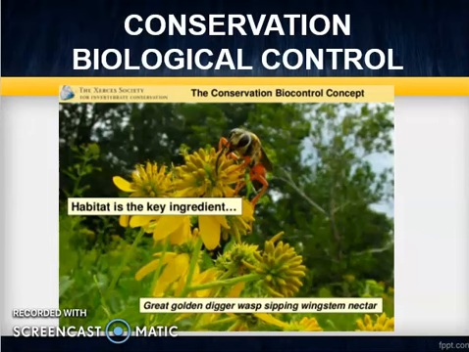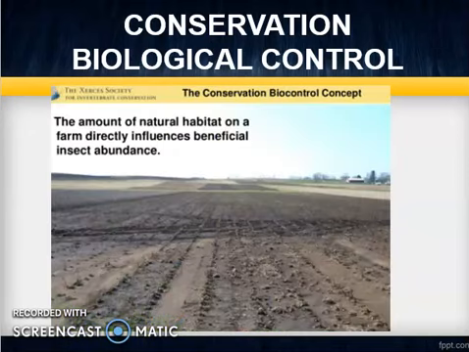Now let's move to the next slide, this one. Okay, we already discussed the importance of habitat for the natural enemy or beneficial insect to control any pest attack on our crop. So in this slide we want to discuss the amount of natural habitat, talking about the landscape of the agriculture field.